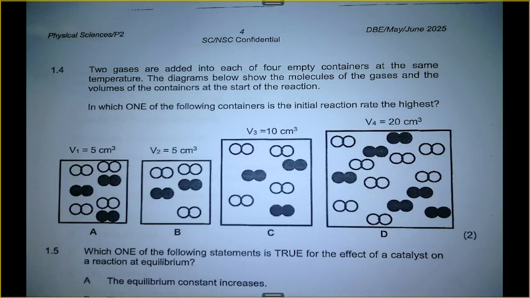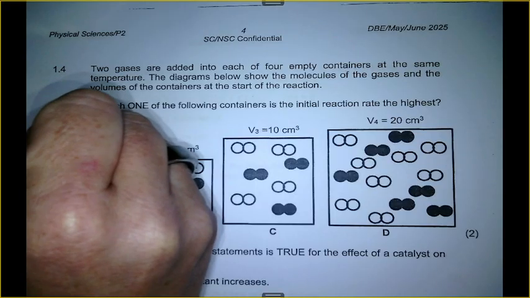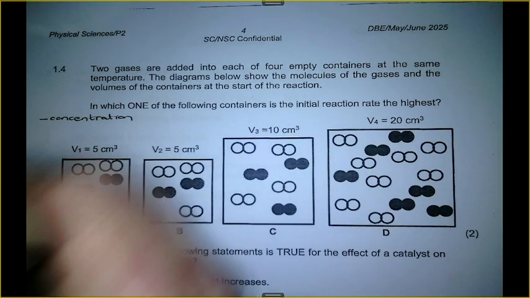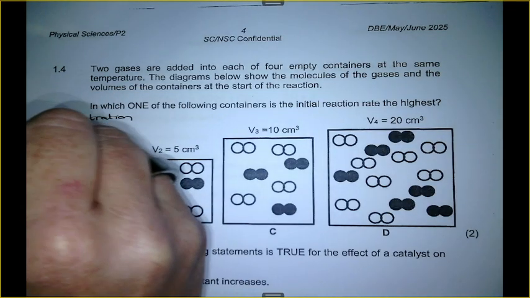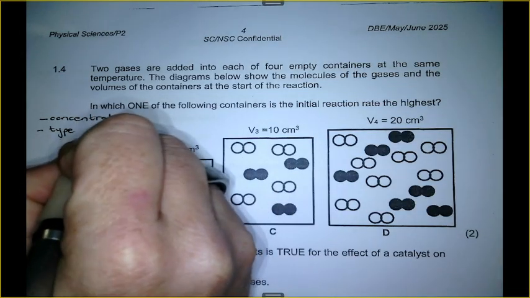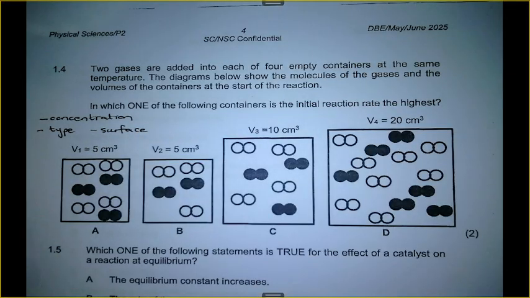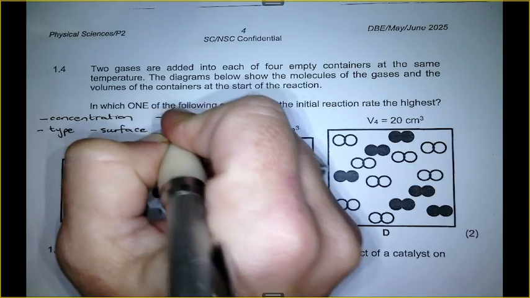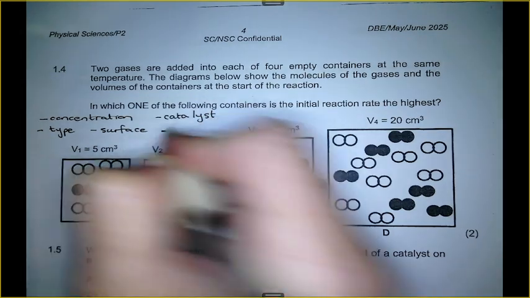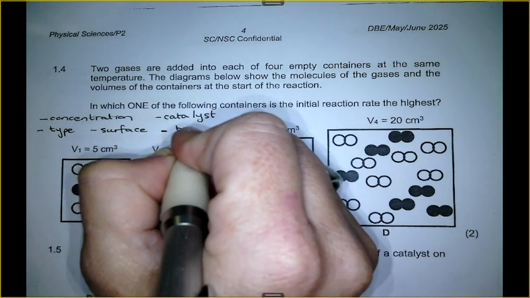Okay, so in order to answer this question, you've got to remember that rates get influenced by concentration, by the type or state of the reactants, by the surface area, by adding a catalyst, and or by increasing or decreasing the temperature.